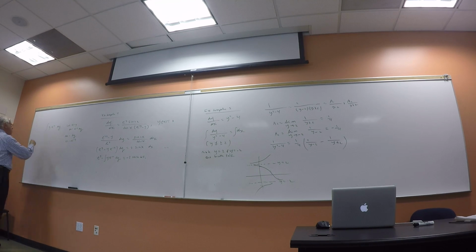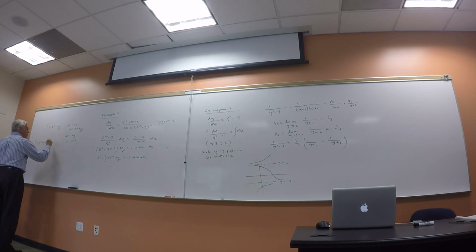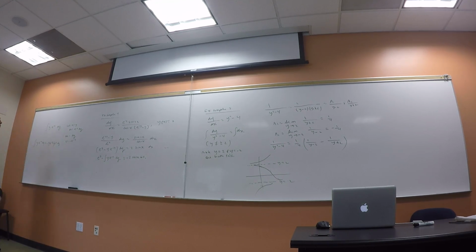So using integration by parts, and again, if you don't remember this, you must review it on your own, the integral of y e to the minus y dy is going to be u times v, so it's minus y e to the minus y, so that becomes minus y e to the minus y.